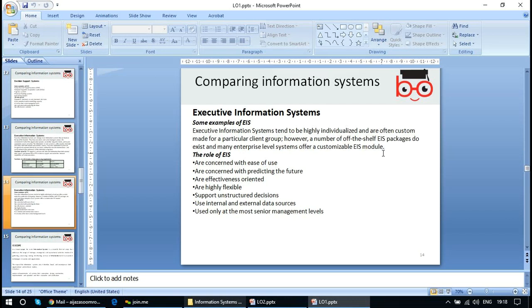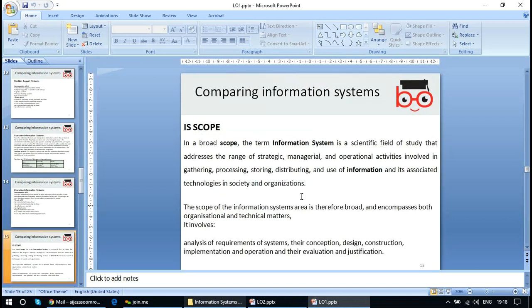But it really depends on which sort of things an executive wants to get involved in, right? So that was about the types of information systems.